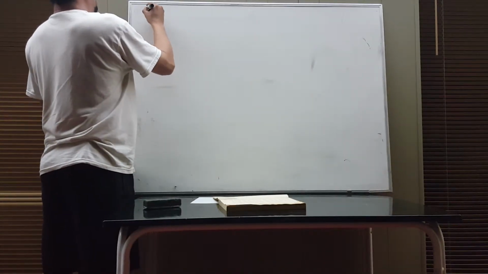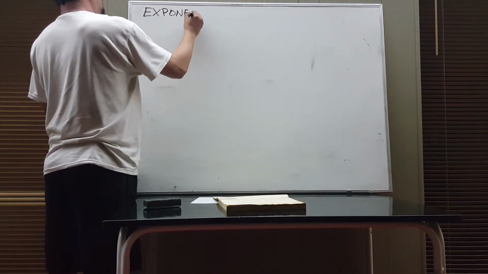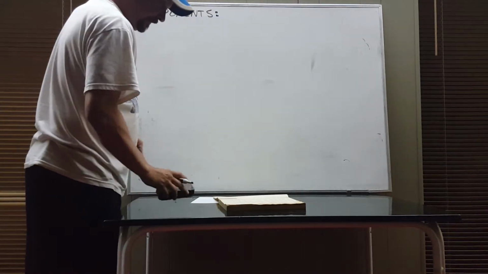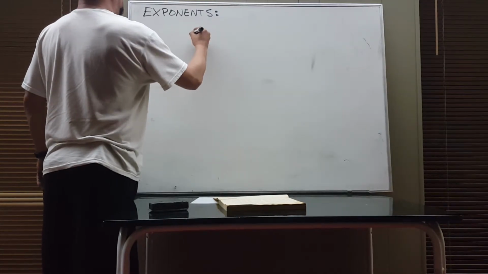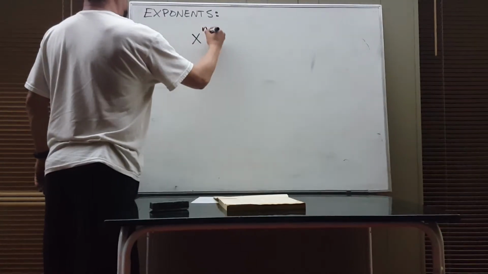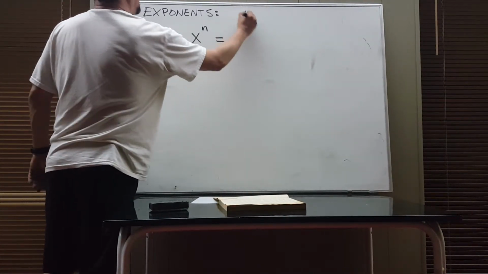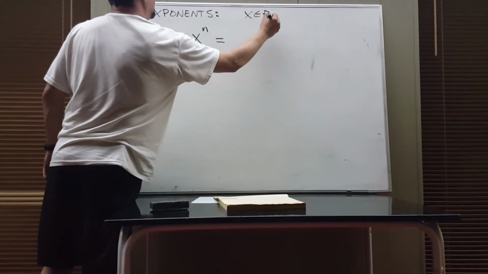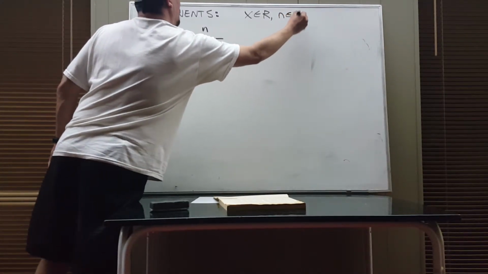Now let's talk about, back to exponents. We're going to talk a little bit more about exponents before we close off here. So if I have a number x to the n, where x is a real number, and for now n is a natural number.